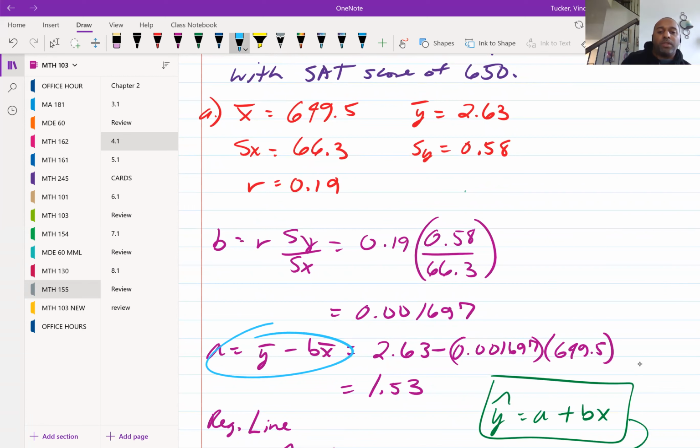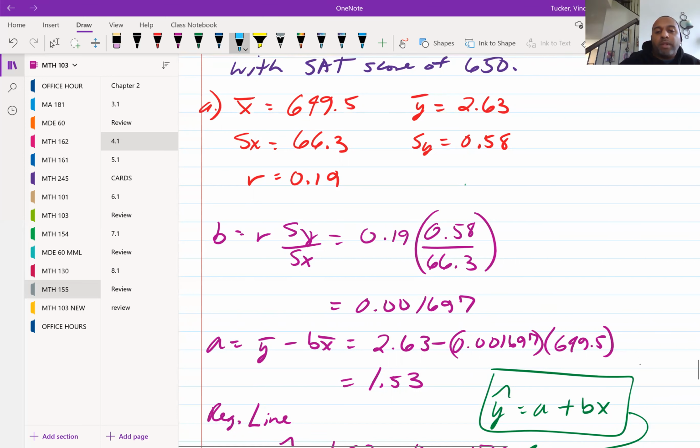Then we use this formula right here to find A. So that's Y bar minus B times X bar. That gives us 1.53. Everybody okay?